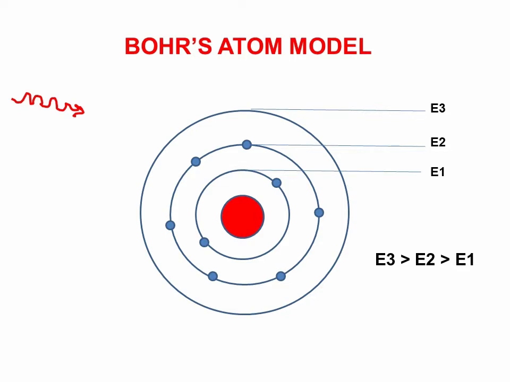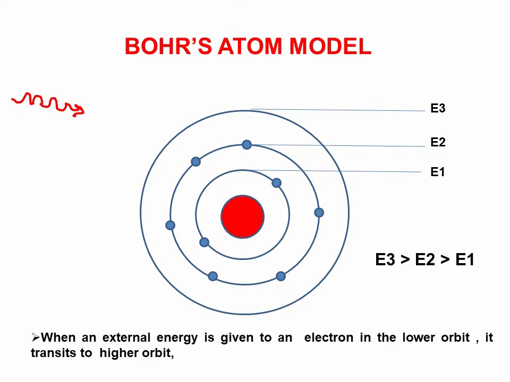The second point is, when external energy is given to an electron in the lower orbit, which has lower energy, it transits to a higher orbit, which has higher energy. According to this diagram, E1 has lower energy, E3 has higher energy. So, when external energy is given to an electron in the lower orbit, it transits to the higher orbit.